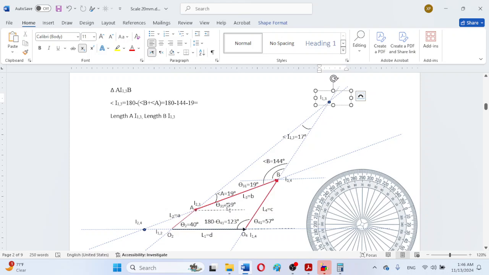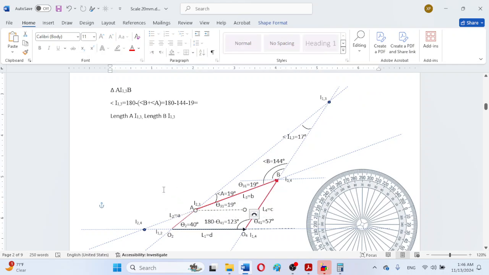The concept behind this instant center technique is that we map the body or the link in complex motion to be in pure rotation.